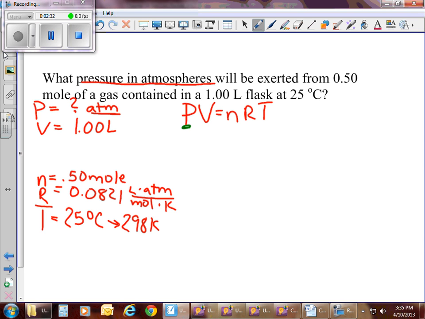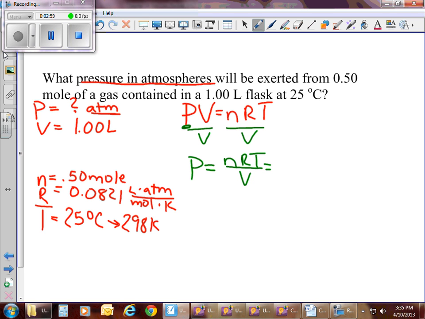So to get P by itself, we're going to divide both sides by V. The reason why I do this before I even put in any numbers is because I need to include units on everything. And if I don't include units, things are going to get lost along the way. Okay, so P equals nRT over V, and I'm going to just stick the numbers in that I have.